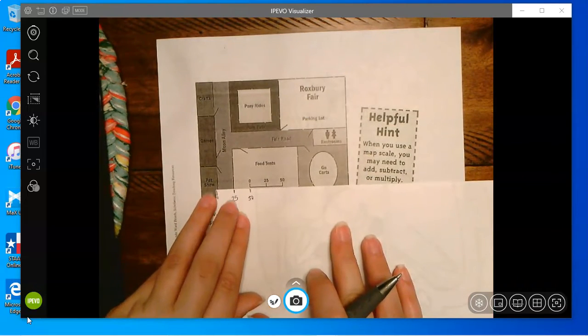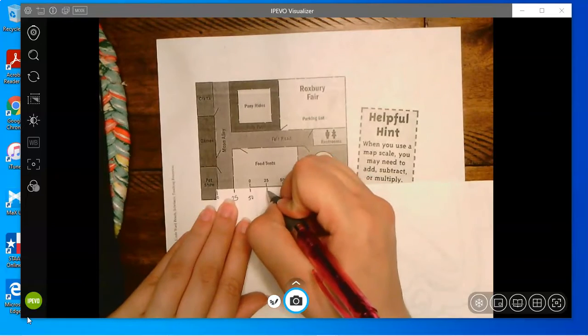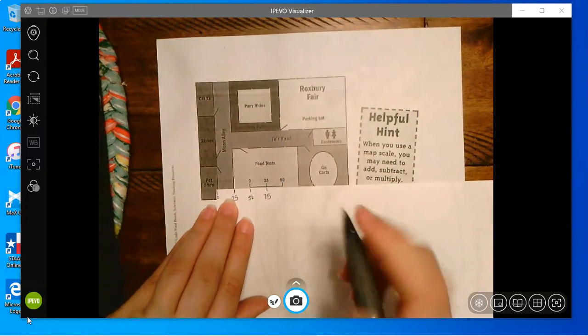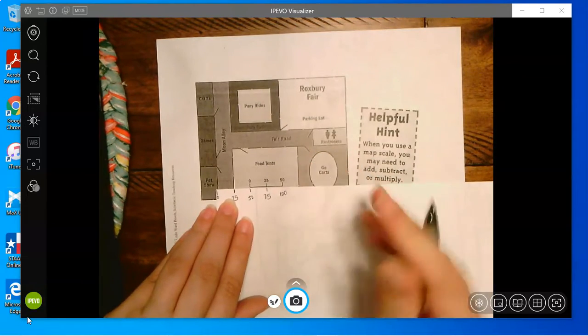Okay. So this would be 75. This would be 100.